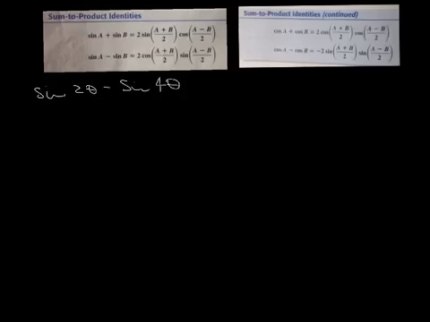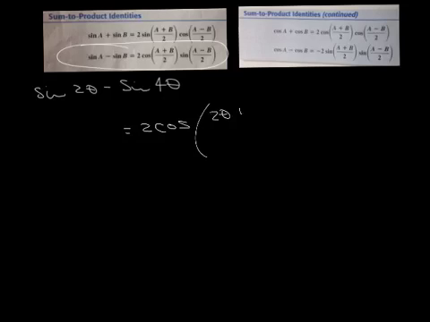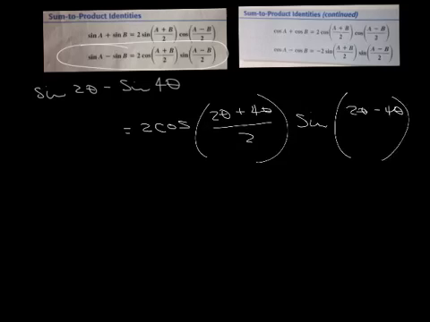So let's see, which one am I going to use? Looks like this is the one that we're going to have to use for that, because it's got the sine of A minus sine of B, which this has. So let's go ahead and write that information there. Equals 2 cosine angle A is 2 theta plus 4 theta over 2 times the sine of 2 theta minus 4 theta over 2.